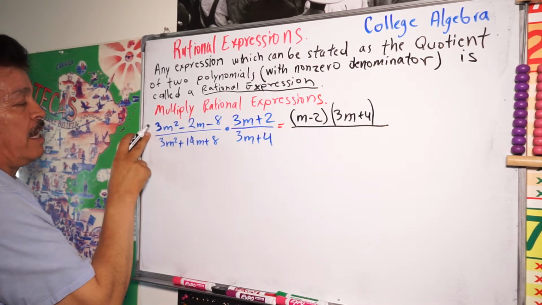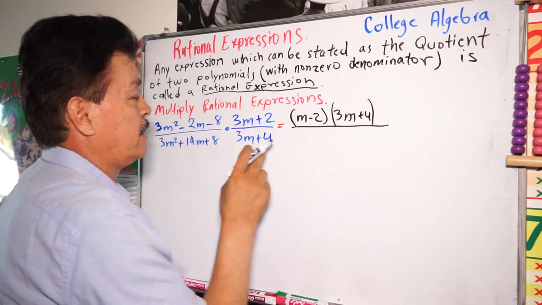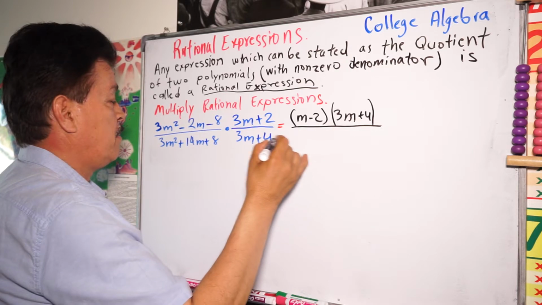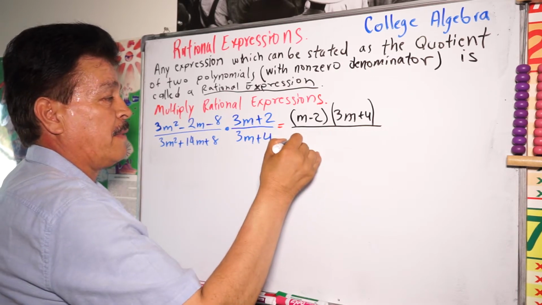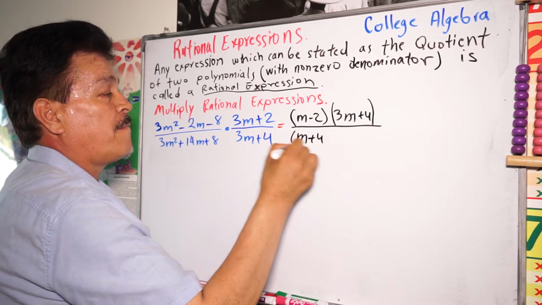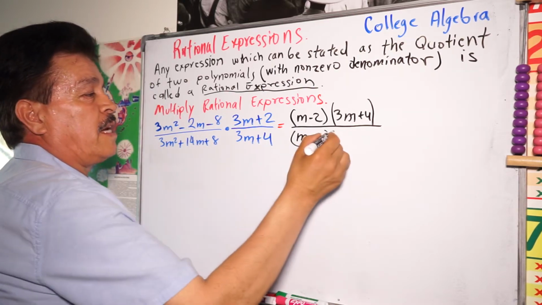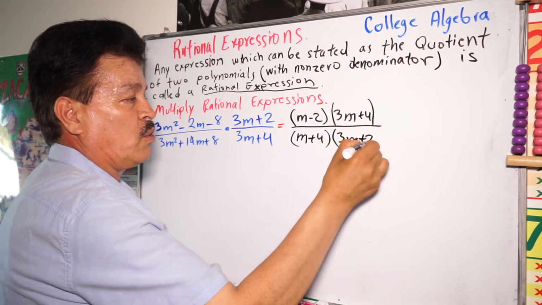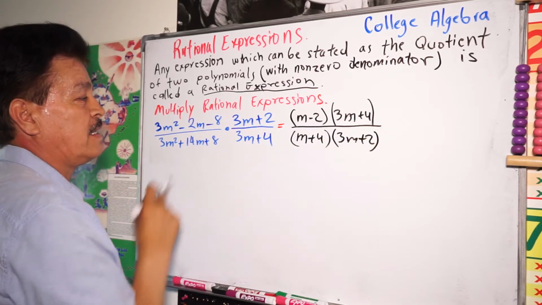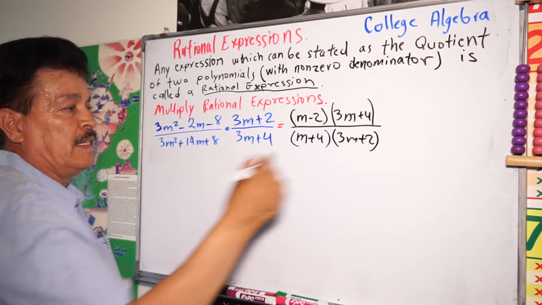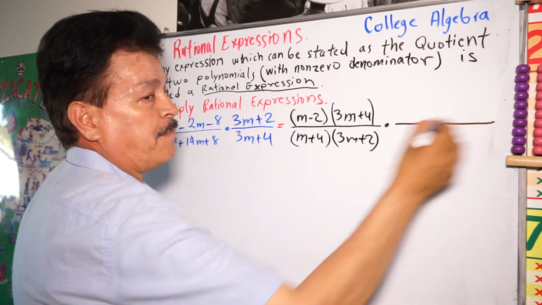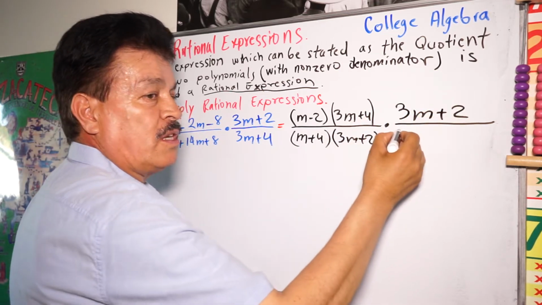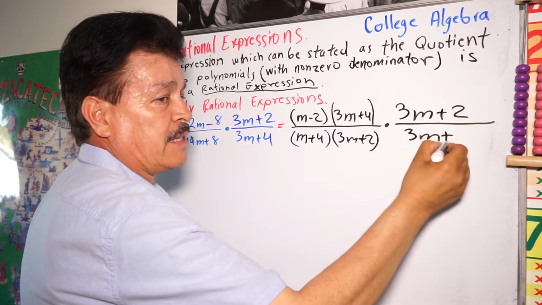This is 3m squared minus 2m minus 8. It is the same. Over here, of course, we divide by m plus 4 times 3m plus 2. Times 3m plus 2 over 3m plus 4.